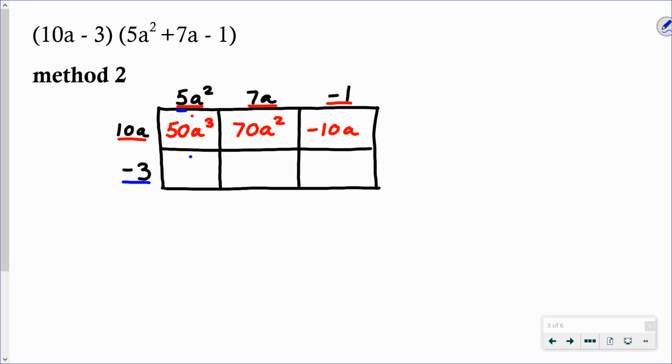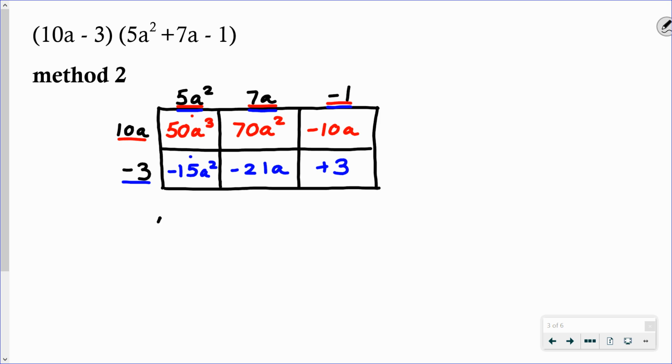For the bottom row, starting in this box, I'm going to take negative 3 times positive 5a squared. So negative 15a squared. Negative 3 times 7a is negative 21a. And then negative 3 times negative 1 is positive 3.